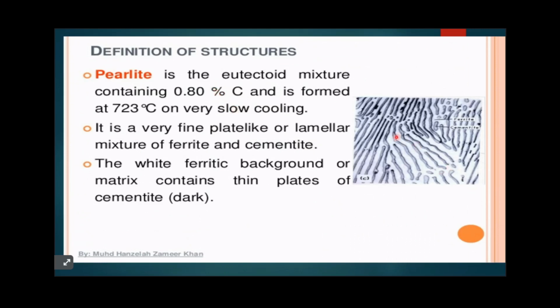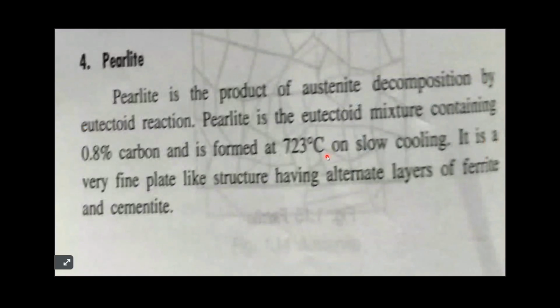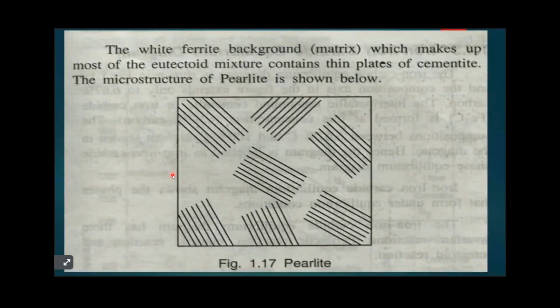It is in the form of black flakes. So pearlite, as I told earlier, forms at 723 degrees Celsius in the composition of 0.8% of carbon on slow cooling. So this is the pearlite structure.